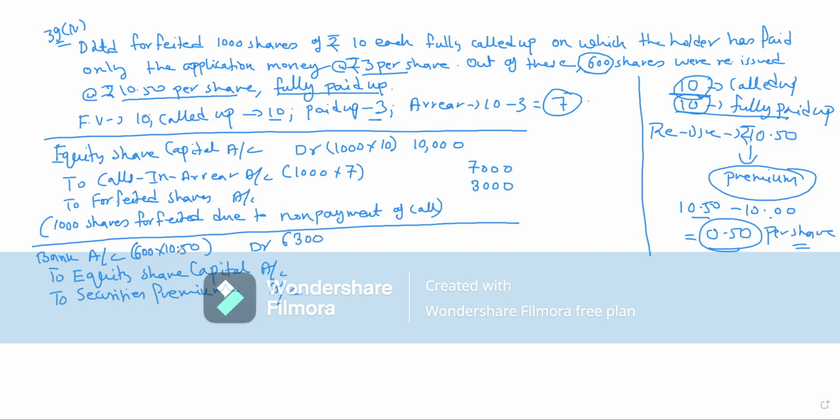Now tell me, goods of 10 rupees were reissued at 10.5, at a premium of 50 paise, so here the premium will come. On how many shares? 600 shares into premium of 0.50 per share. So that makes it how much? 300 rupees premium. And the remaining 6,000 will go to capital.